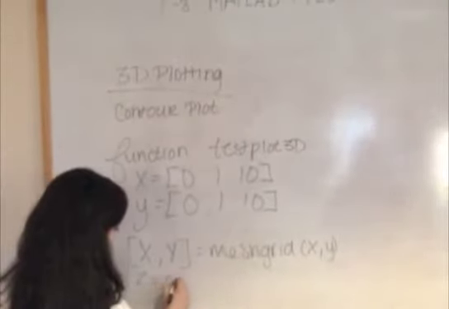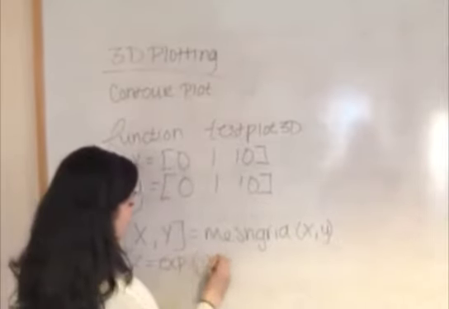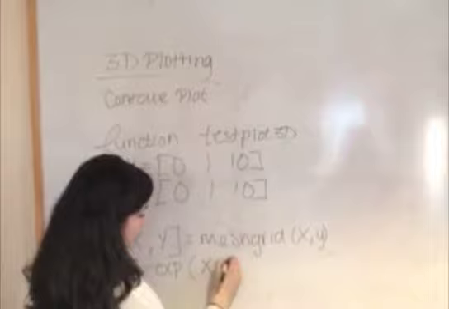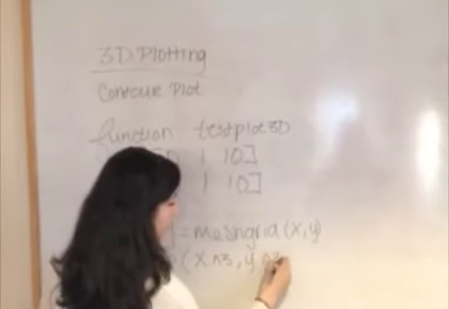And now we can define another variable z. We can define this to be anything we want, really. We can say x, we have to use capital X, x to the third, comma y to the third.